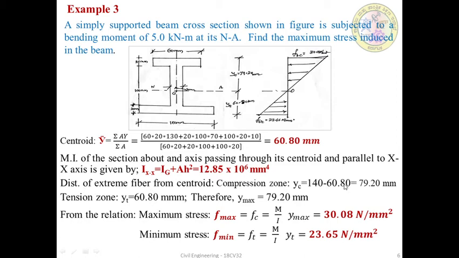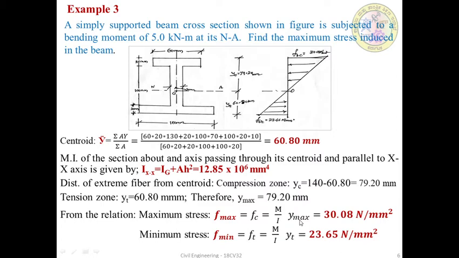Now we have to find the distance of both the extreme fibers. The distance of the extreme fiber from the centroid in the compression zone is YC, which I got as 79.2 mm, and in the tension zone YT is equal to 60.80 mm. From the relation, the maximum stress fc is equal to M by I into Y maximum.